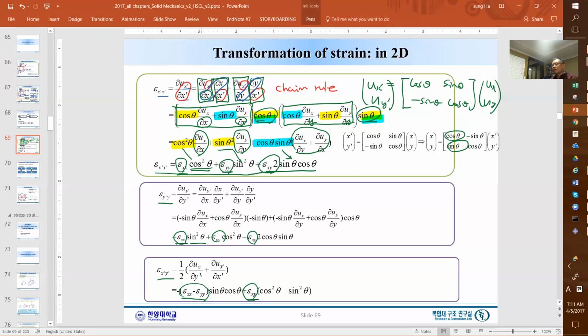Very interestingly, the physical meaning of the stresses is totally different from the physical meaning of strains, but their transformations are the same. Well, mathematically, there is a clear reason for that.